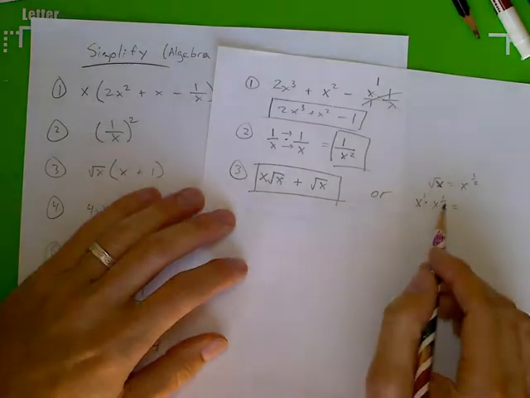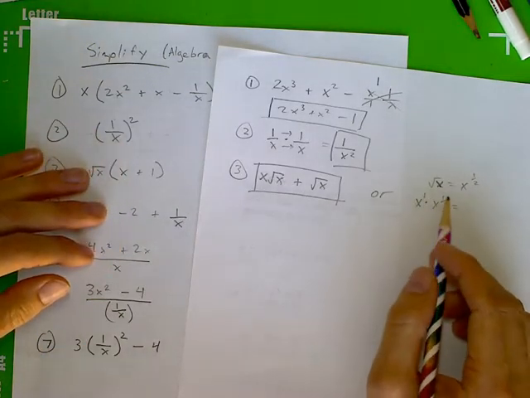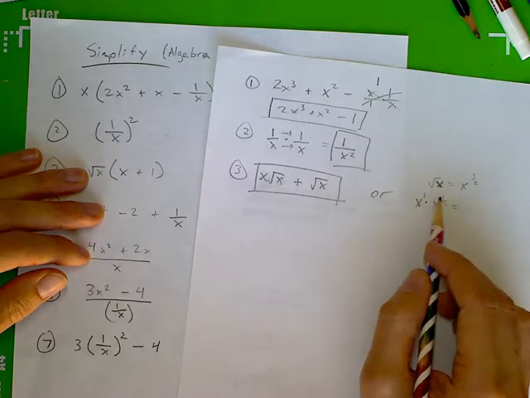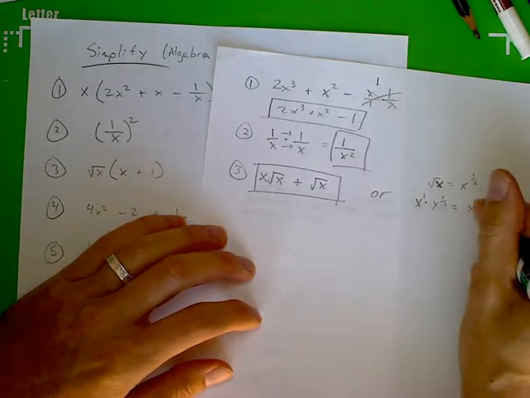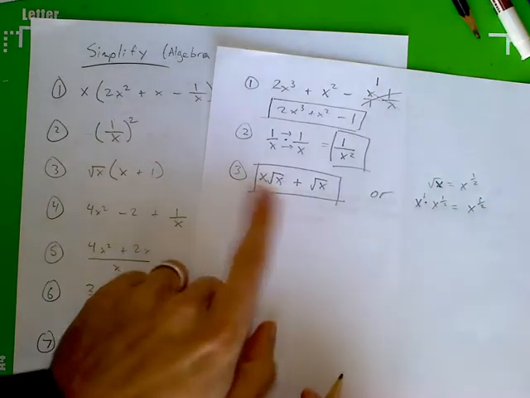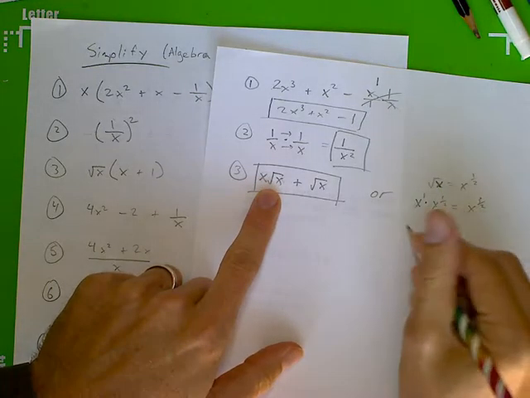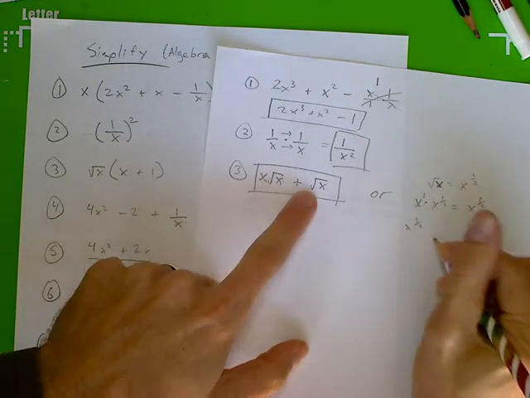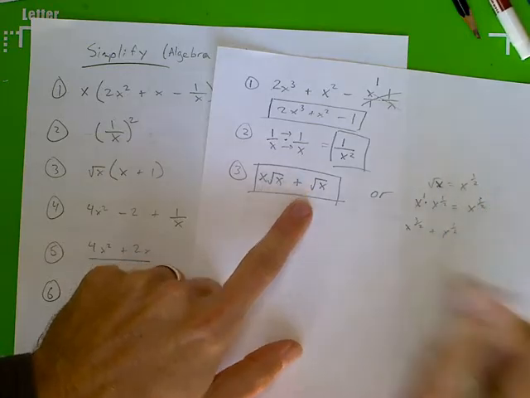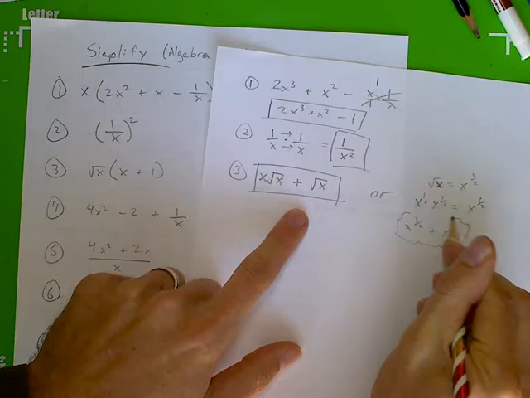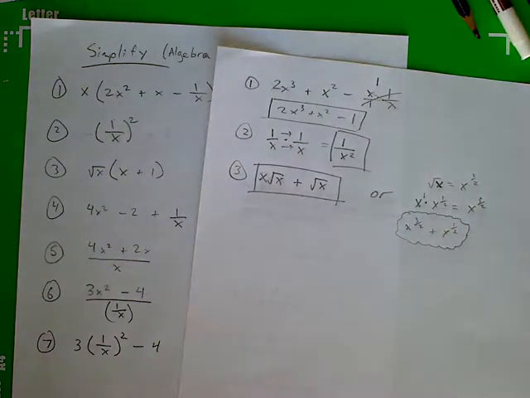Because mixed numbers are dumb. Nobody uses them. I'm just kidding. Okay. So 2 times 1 plus 1 is 3, so that's x to the 3/2. So alternatively, I could write this term right here as x to the 3/2, and then this term right here is x to the 1/2. So that would be another thing that will be useful at some point during the year. So I just wanted to bring that up.